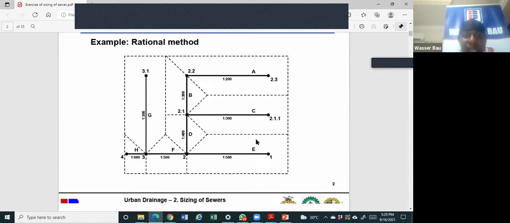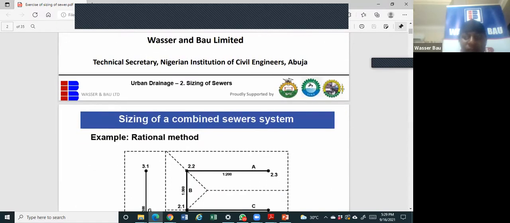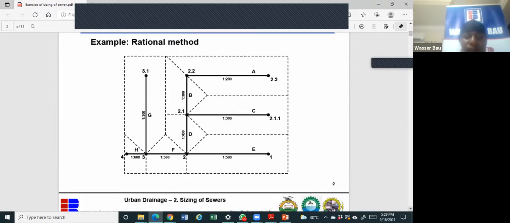This is the catchment. This is the catchment you are given to solve, and we're going to apply the rational method. The rational method only has the limitation that once the area is more than 100 hectares, it becomes less accurate. So far, that is what's applicable. That's what most people use, and that is what I will introduce us to in this class.